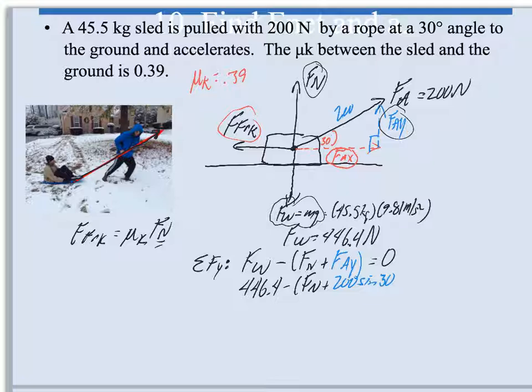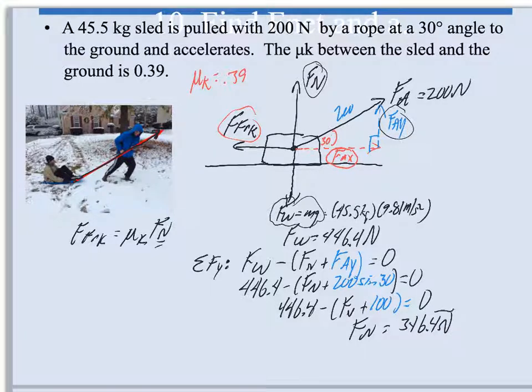And so we work it out, 446.4 minus 200 sine 30. 200 sine 30 is 100. And that means that Fn is 346.4.